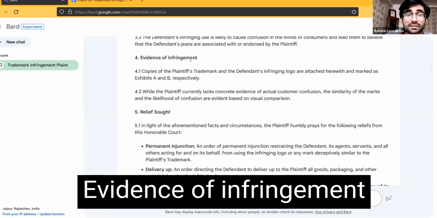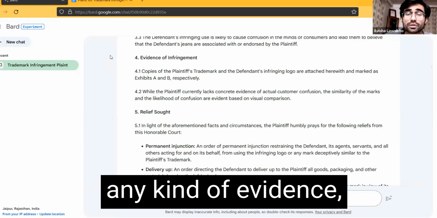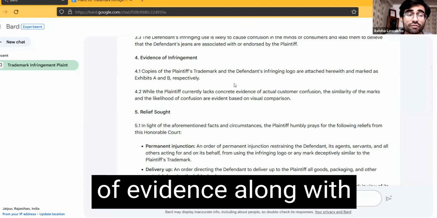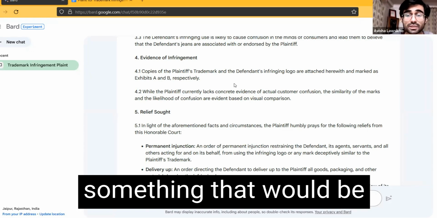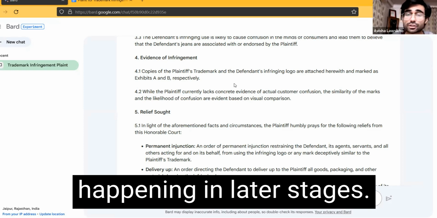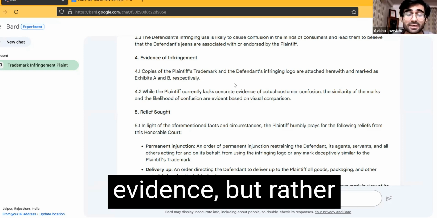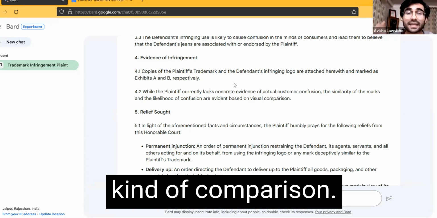Evidence of infringement. Again, it talked about if you're providing any kind of evidence, you would have to be attaching some kind of evidence along with your suit, but that is something that would be happening in later stages. So right now, we don't really need to bother too much about evidence, but rather evidence in the form of any kind of comparison.